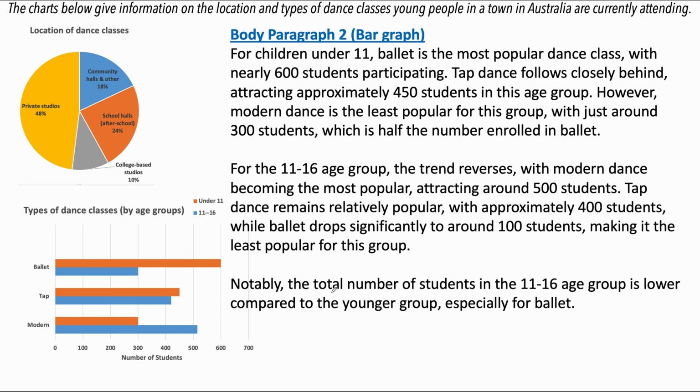Notably, the total number of students in the 11 to 16 age group is lower compared to the younger group, especially for ballet. With this, we are done with this sample writing.